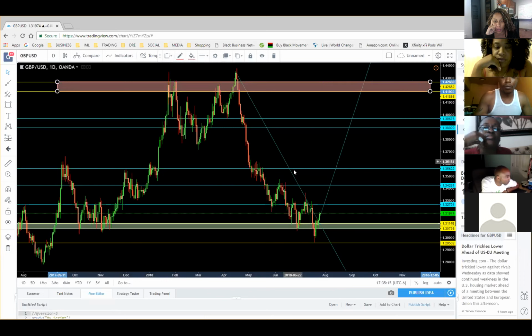So I have my supply zone here. Okay, and why did you pick that supply zone? Because of this engulfing candlestick right here. Okay. Engulfing that green candlestick. So I chose that. And then down here, I chose this as my demand zone because of this engulfing candle here.